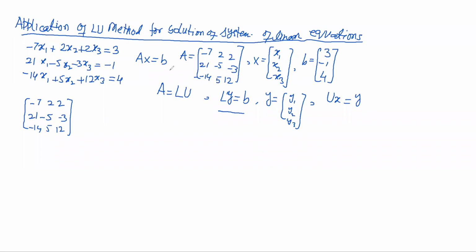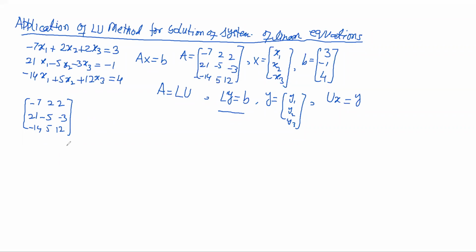Of course, there is a proof for the decomposition of this method, which explains why we need to find L and U, but I'm not going into that proof over here. So in this method, first we will find L and U.